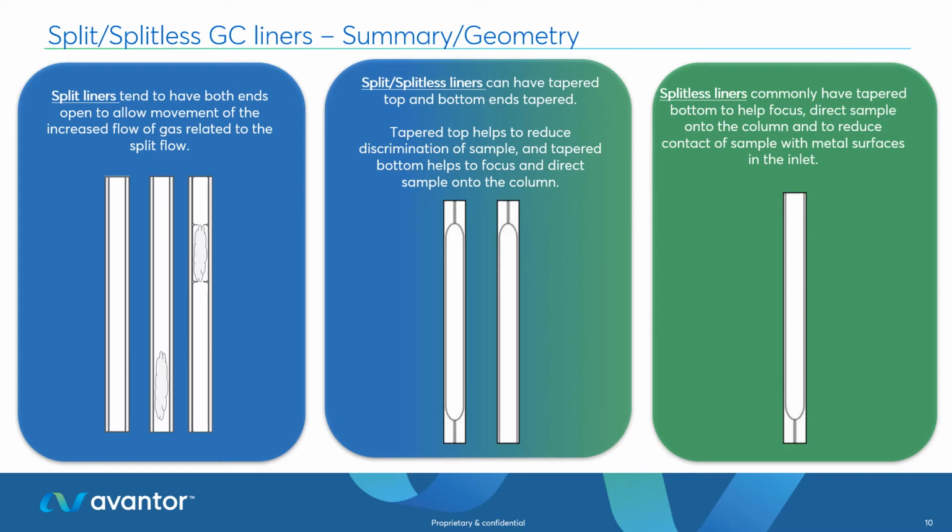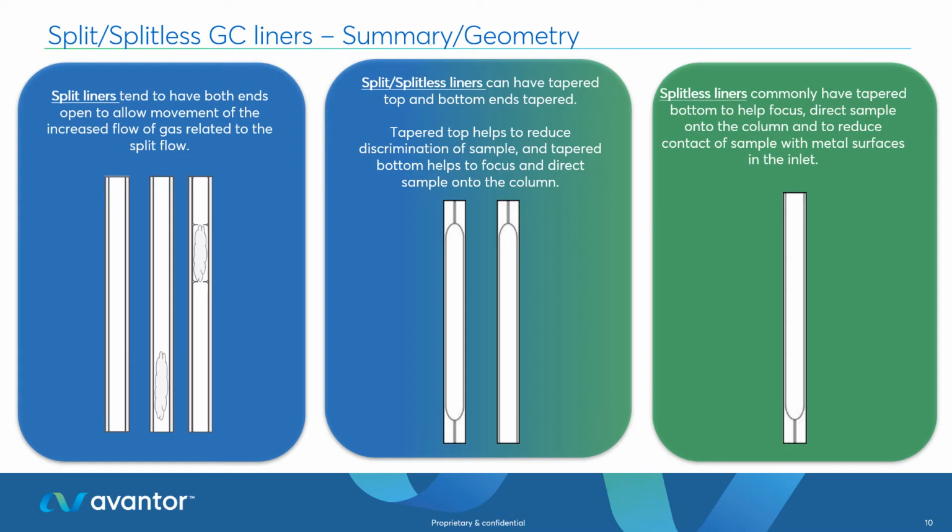If now we're looking at a liner that can do both split and splitless, then we may look at a tapered or a double tapered liner, and this helps us in terms of the sample introduction because it reduces discrimination of the sample, as I referred to earlier, and the tapered component helps to focus and direct the sample onto the column. For a splitless liner, we will probably have a tapered bottom.